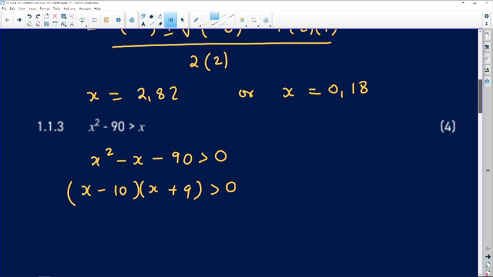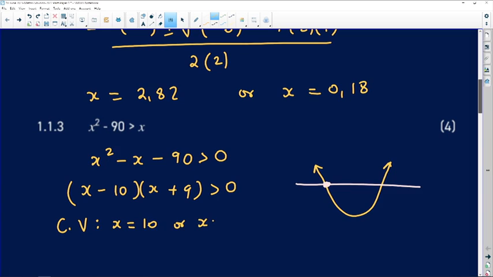If I think about it graphically, it means we are basically sitting with a happy face parabola, or concave up parabola. On the left hand side, it should cut x at a number that we would call the critical value of this inequality, which is x equals 10, and another critical value is x is equal to 9.